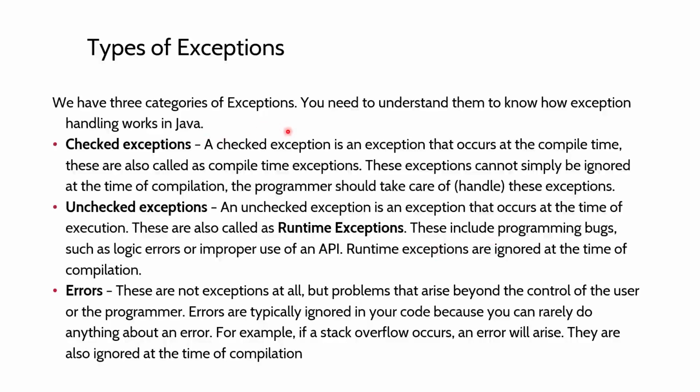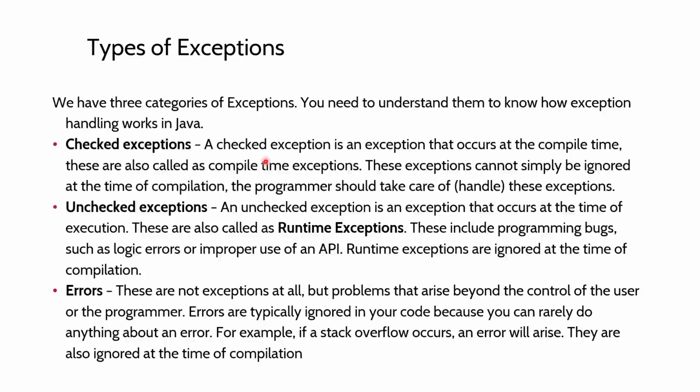There are generally 3 types of exceptions that we will be discussing, and that you'll have to know how to handle in Java. Checked exceptions, sometimes called design time or compile time exceptions, an example is a syntax error.